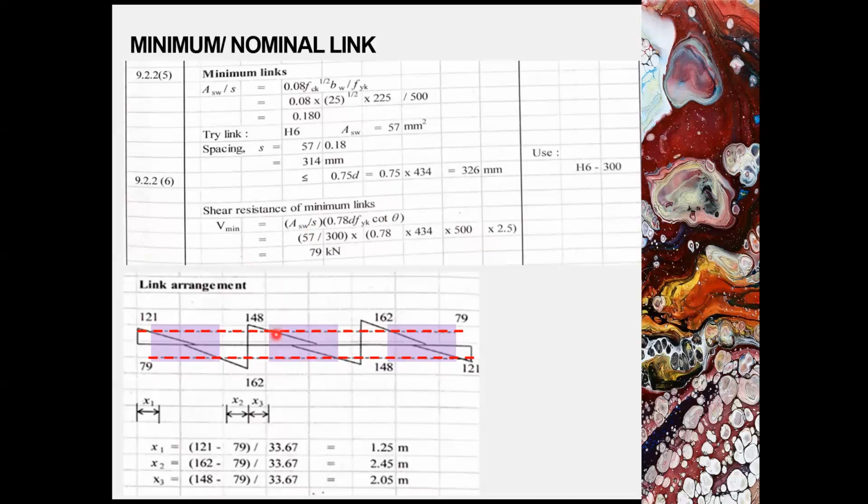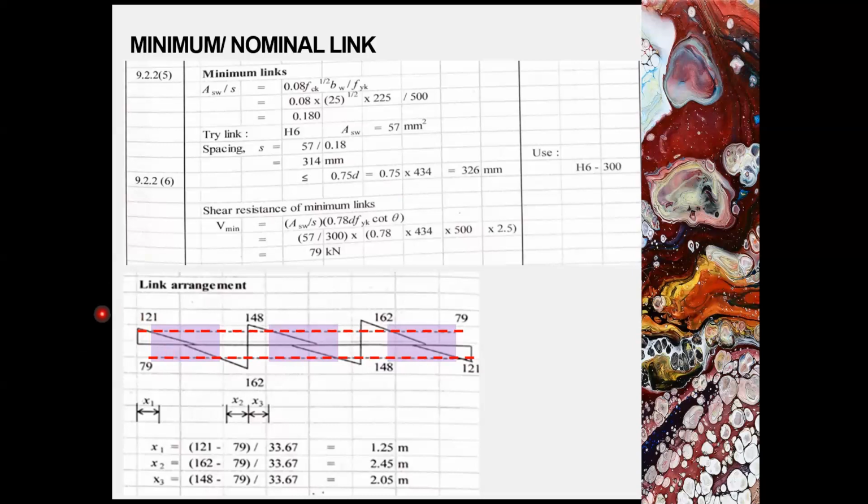In this shear force diagram, I drawn the position of 79 kilonewton. So it can be seen that the shear link is only provided at the distance or spacing, locations x1, x2, and x3.